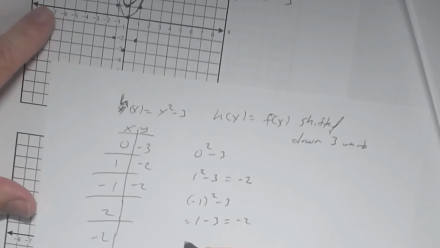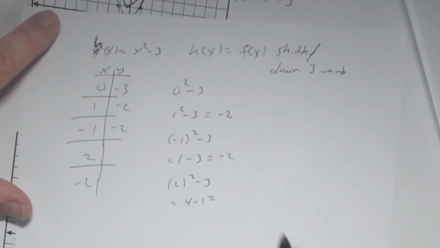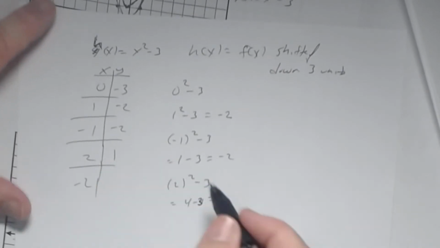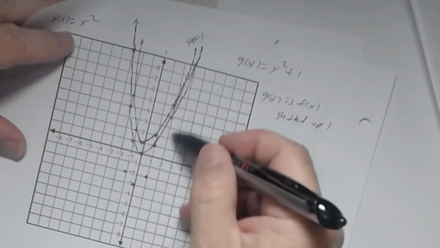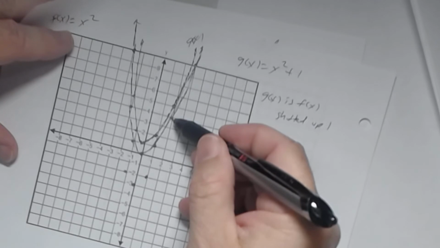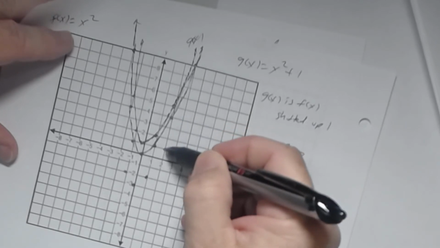If x is 2, I get 2 squared minus 3. 4 minus 3, which is 1. Perfect. So I get 2, 1, right? But I knew it had to be 2, 1 because I went down 3 from here, right? 1, 2, 3.